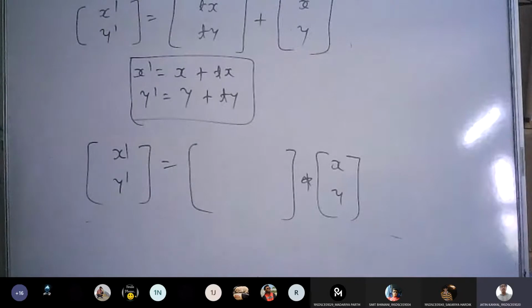Why Rx? See, to find the equations for rotation, the equations are x cos theta minus y sin theta, x sin theta plus y cos theta, if you remember. So based on that, you'll have to write the values so that when you multiply both the matrices, you will get the same equations again.